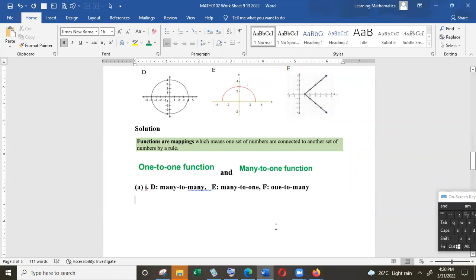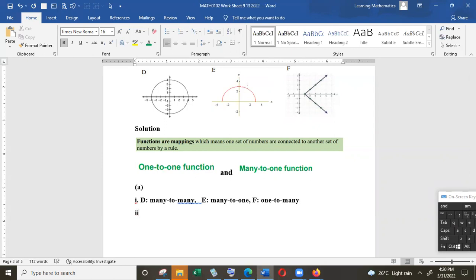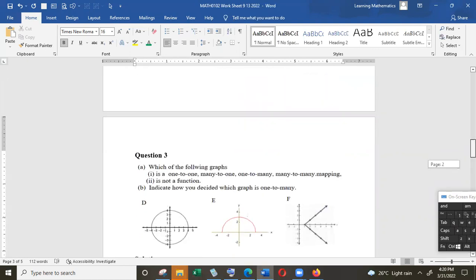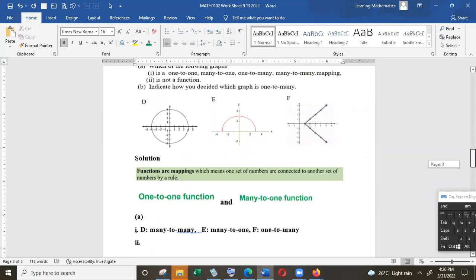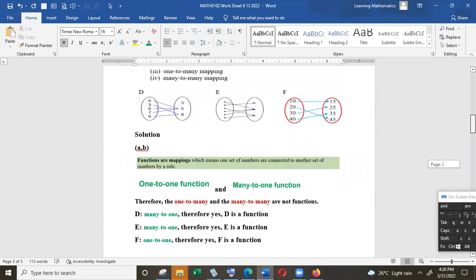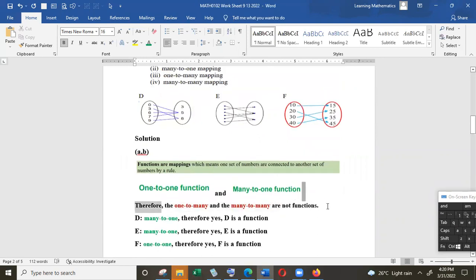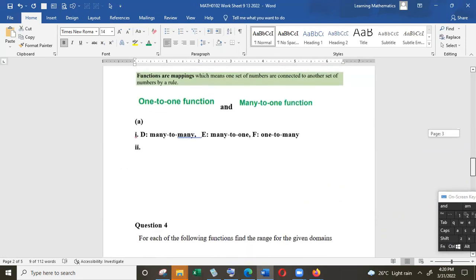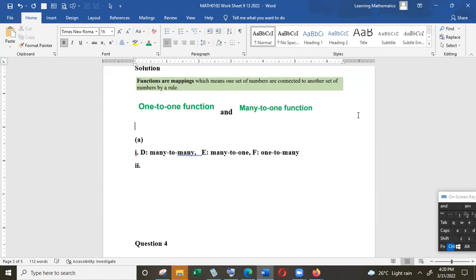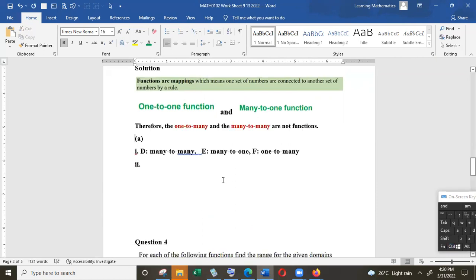Okay. And part I, it says, which of the following graphs is not a function? Okay, remember we said the one-to-manys and the many-to-manys are not functions. So which ones fit into this bracket?